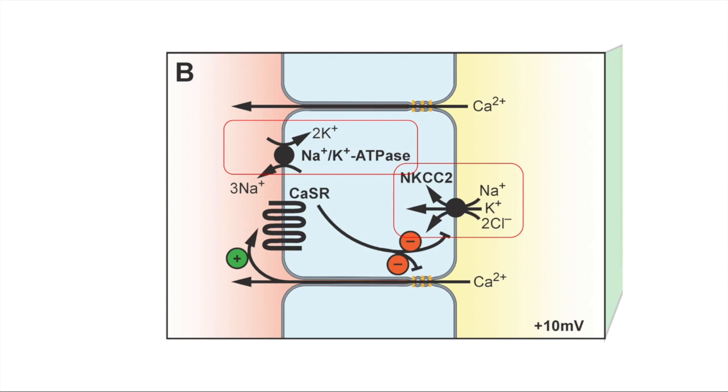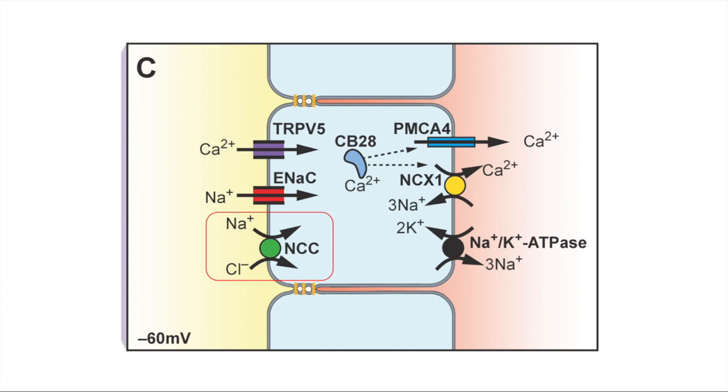So for the loop of Henle, here is the ascending limb of the loop of Henle, which we have mentioned before. The most important exchange through the apical membrane occurs with the sodium, potassium, and chloride cotransporter, and sodium is extruded through the sodium-potassium ATPase on the basal membrane. This leads to a buildup of sodium chloride in the interstitium.